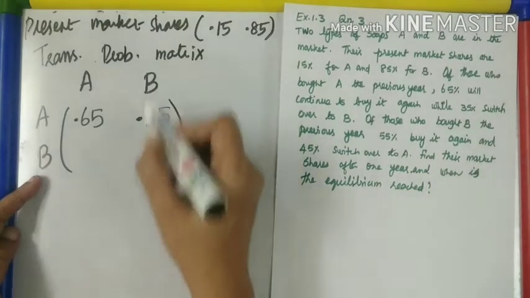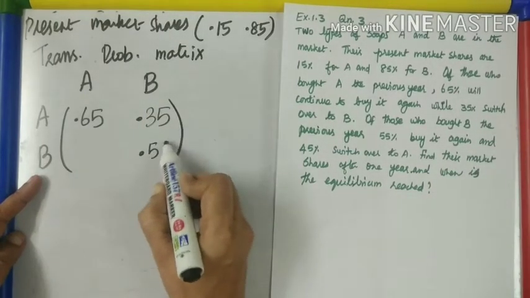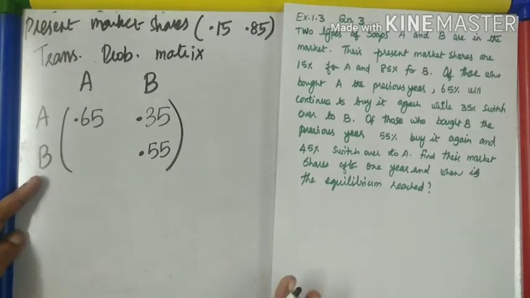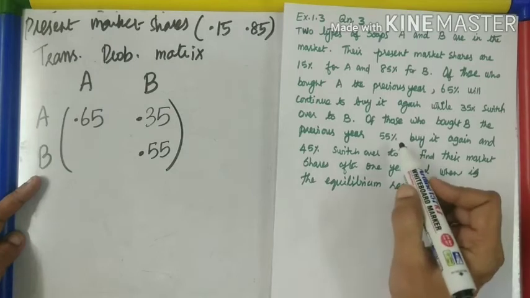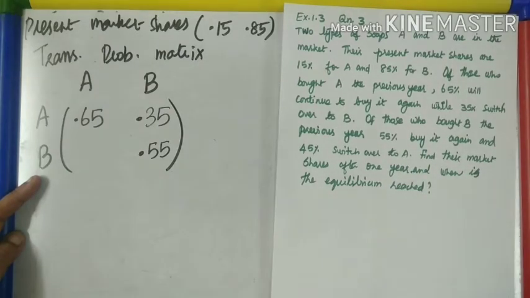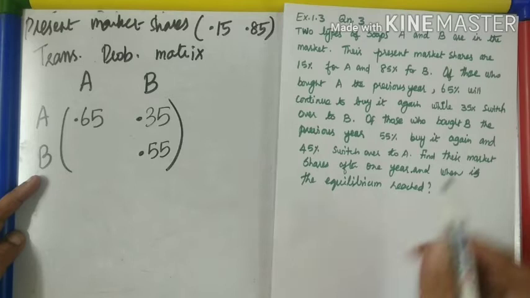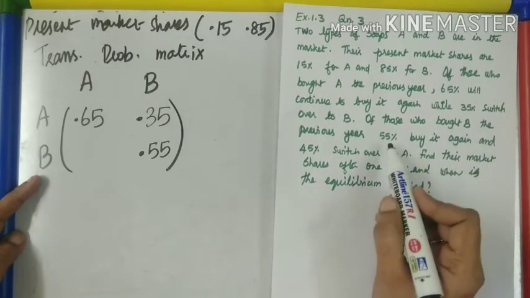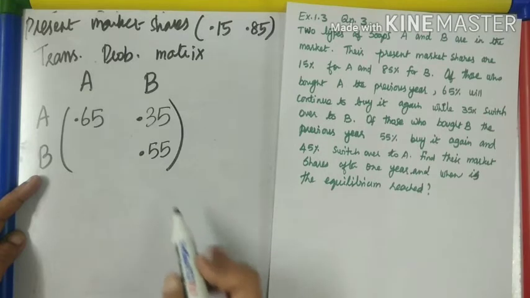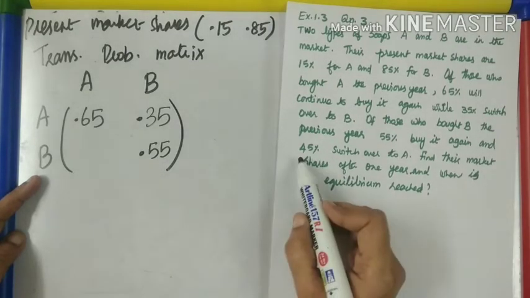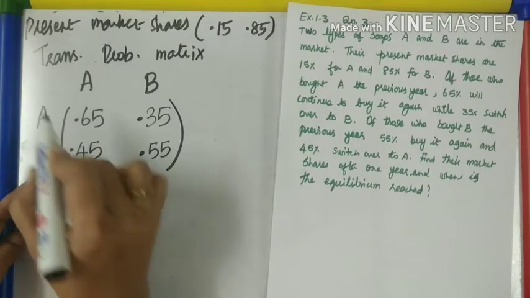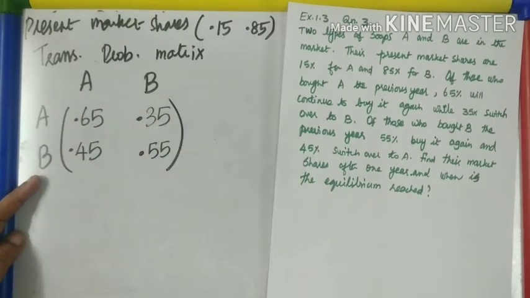So B to B, I have to fill this one. If you make a mistake and write it here, the entire problem goes wrong. So as we read the problem, A to where and B to where is very important. B to B is only 0.55. Then the remaining 45% switch over to A. So we have completed the transition probability matrix.